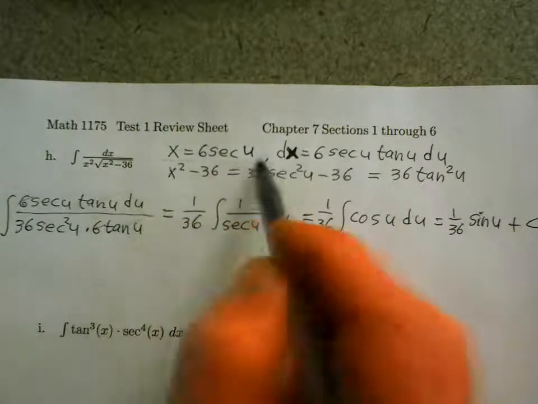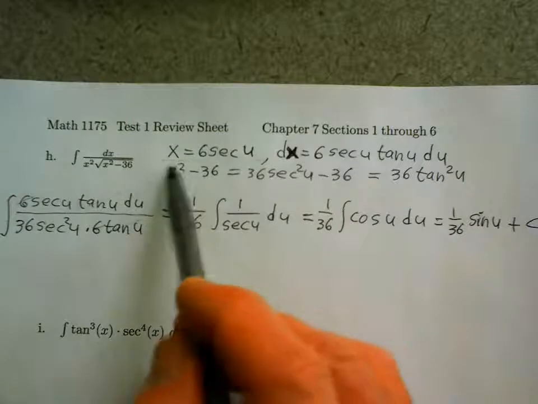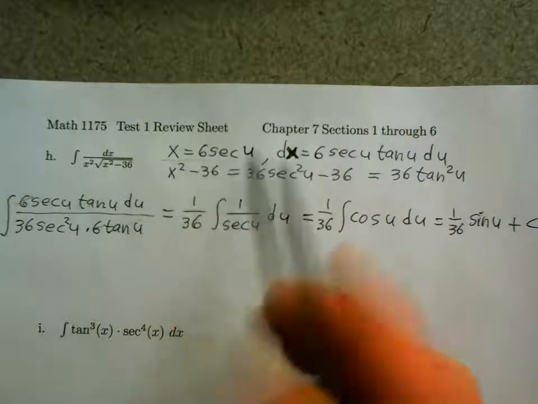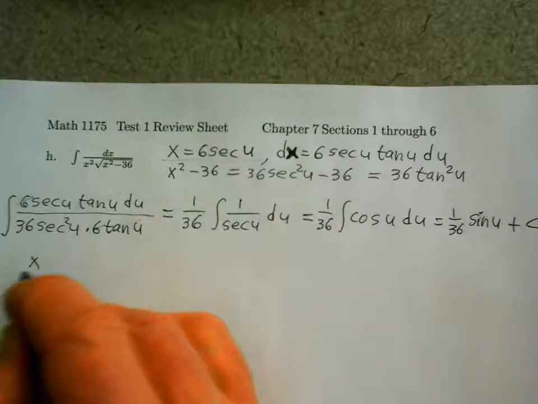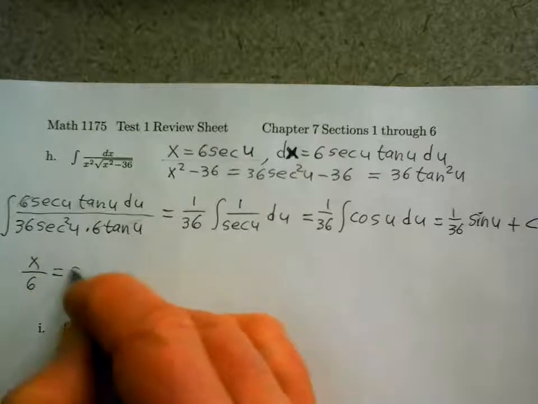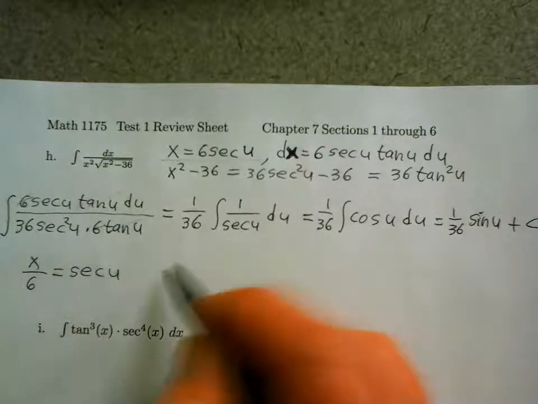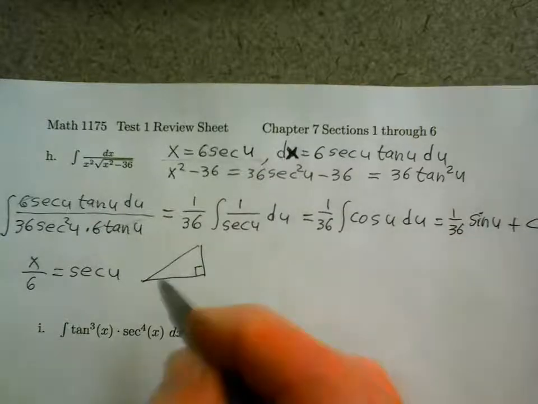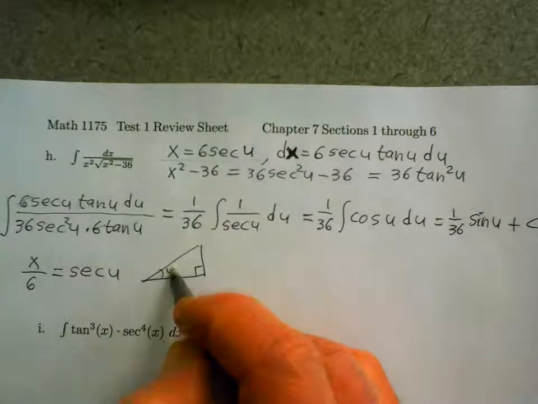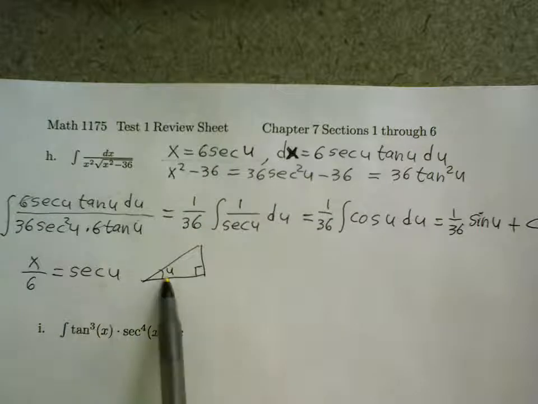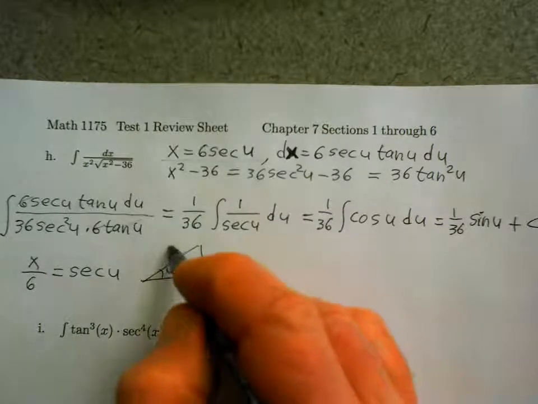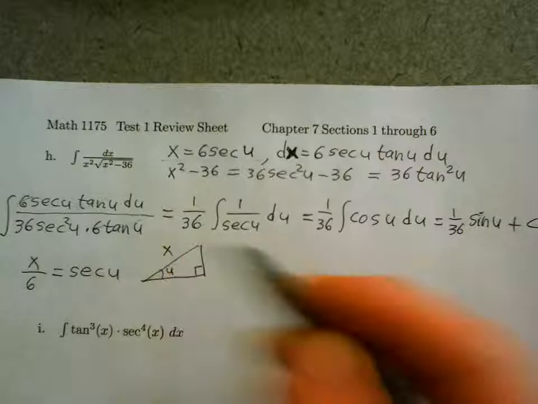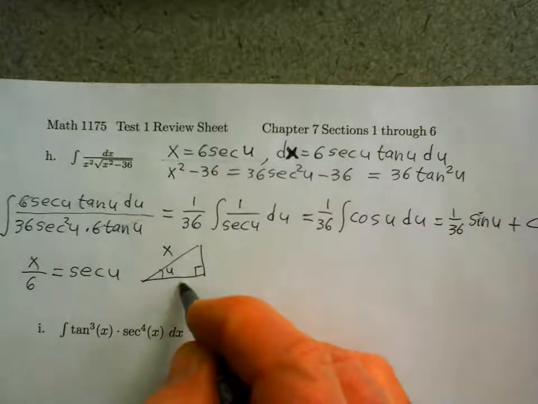substitution up here. Since x equals 6 times secant of u, then x over 6 is equal to secant of u. So we use right triangle trigonometry. If this is the angle u, and if secant of u is x over 6, then the hypotenuse is x, and the adjacent side is 6.